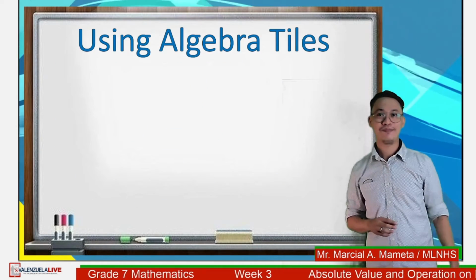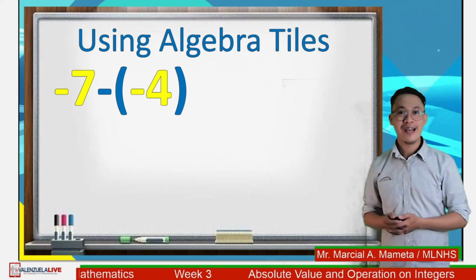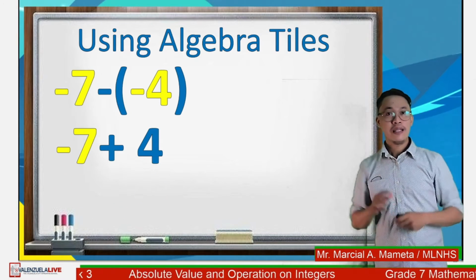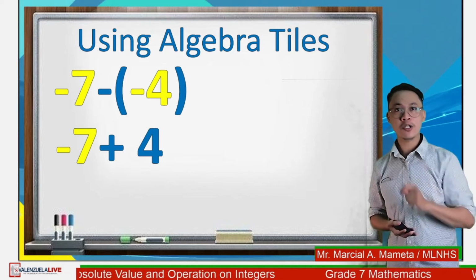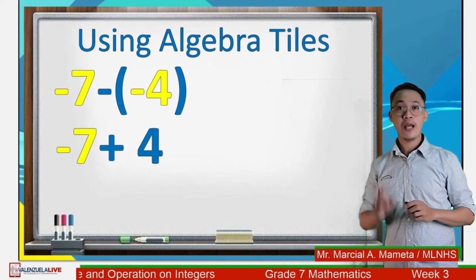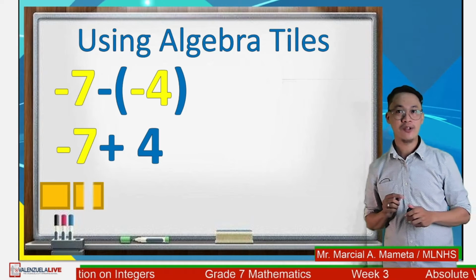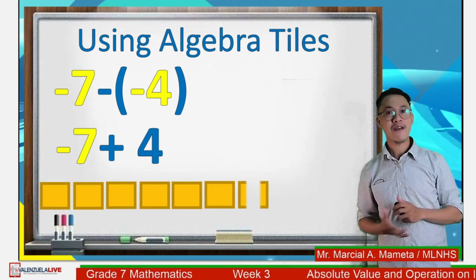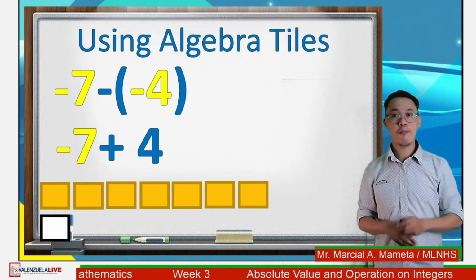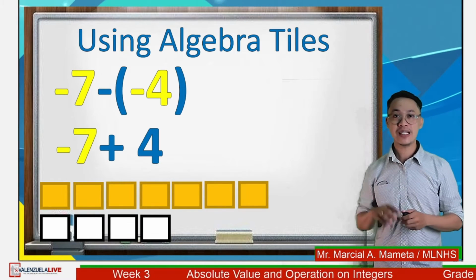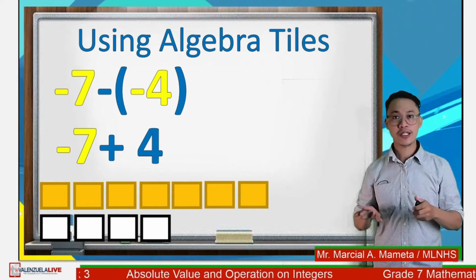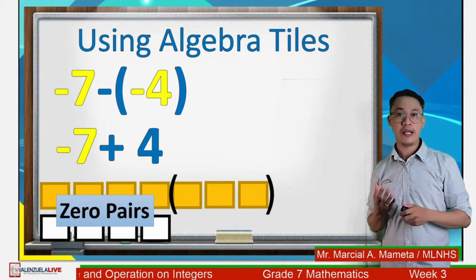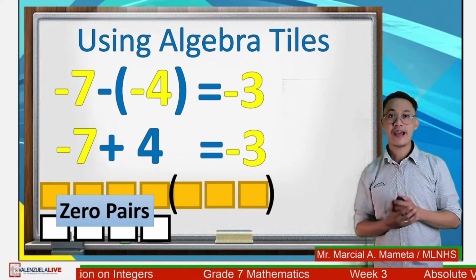Another example. Using algebra tiles again. Negative 7 minus negative 4. Negative 7 minus negative 4 is also equal to negative 7 plus 4. So we need to have 7 yellow tiles, plus 4 white tiles. In this case, we have the 0 pairs. How many remains? We have 3 yellow tiles. So therefore, the answer is negative 3.